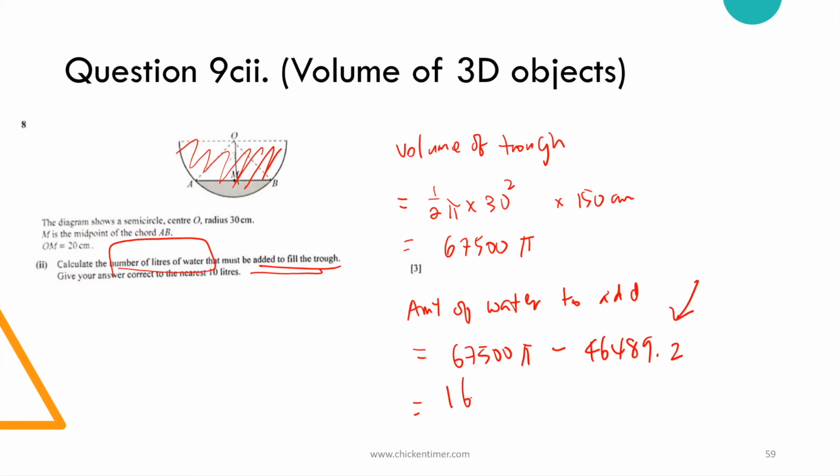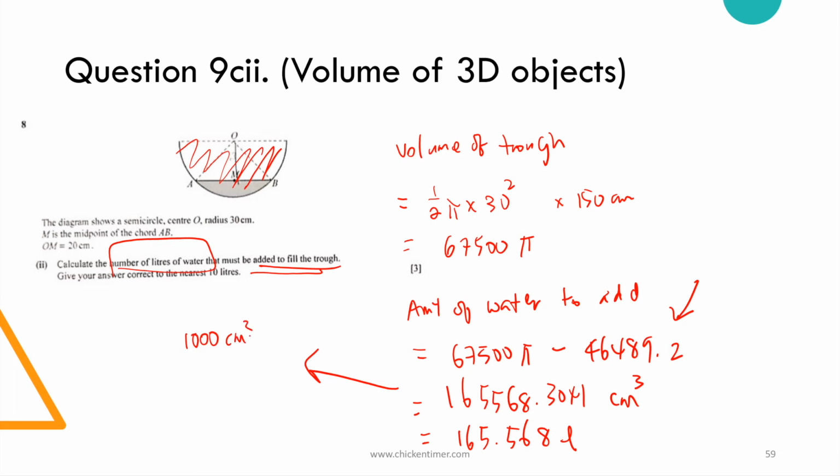Which gives me 165,568.3041 cm cubed, which means 165.568 liters. So from here you must know that 1000 cubic centimeters is 1 liter. So that's how the conversion took place. Then we want to correct the answer to the nearest 10 liters. So it's 170 liters.